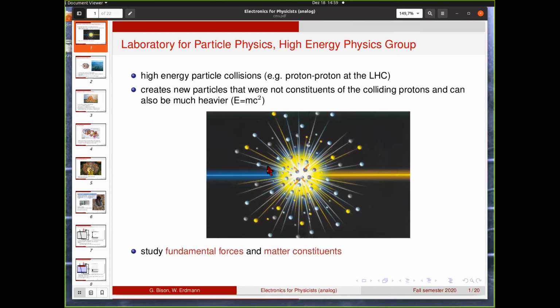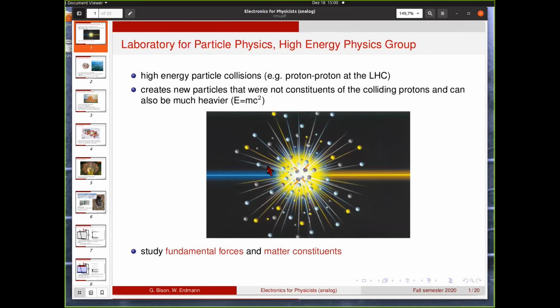What we do with these collisions, the point of colliding particles at such high energies is that we can not only look at what is inside these particles by shooting them at each other, but we can also create new particles that were not constituents of the colliding protons, but that are in fact heavier than the two particles that we shoot at each other.